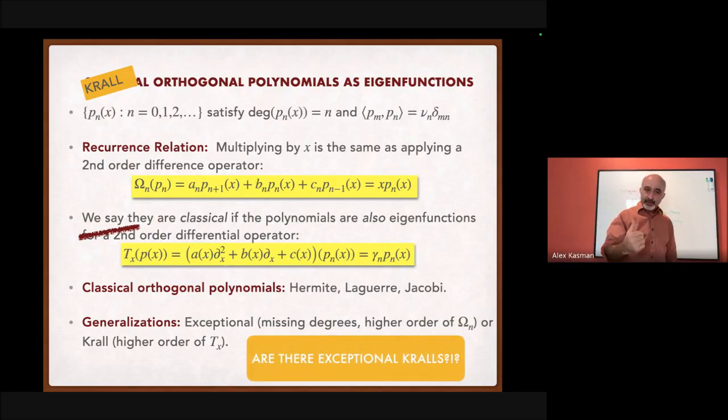Are there exceptional Krall? So exceptional means this degree goes up. Krall means this degree goes up. What about both? And until just a few months ago, we had to say, we think there must be some, but we've never found any. One of the things I'll be able to announce if I get to the end of this talk is we can now say for sure that there are exceptional Krall polynomials also that have both.